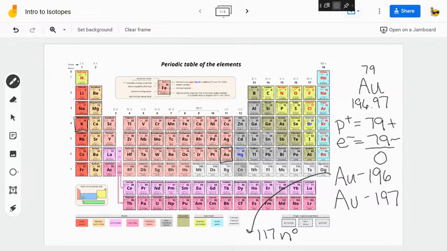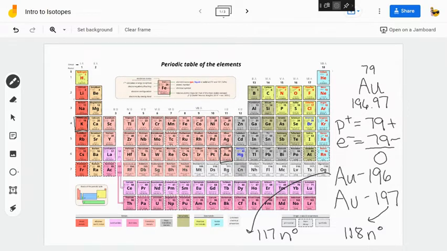Remember, neutrons have mass. They don't have any charge. Gold 197 has 118 neutrons. Those are two isotopes of gold. Now let's try to remind ourselves what that means.